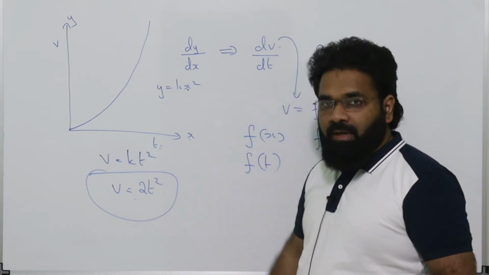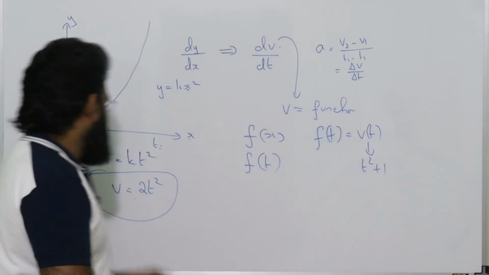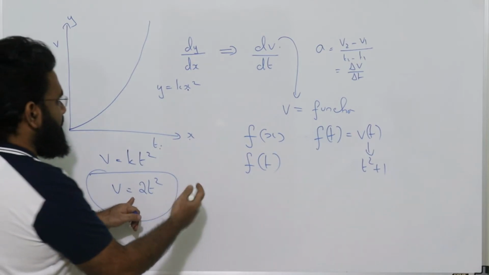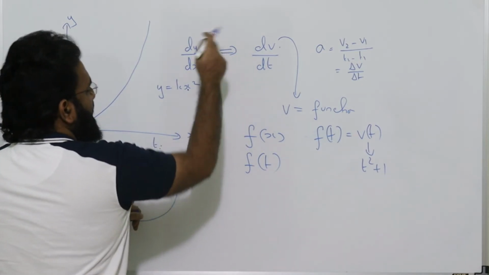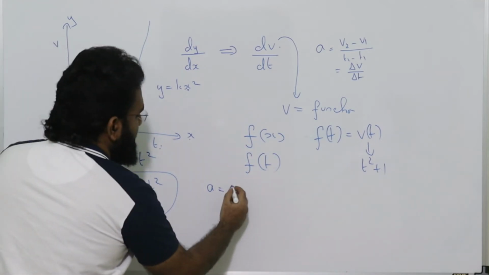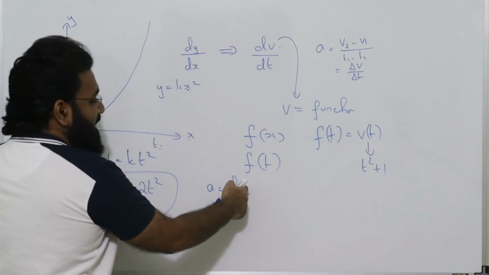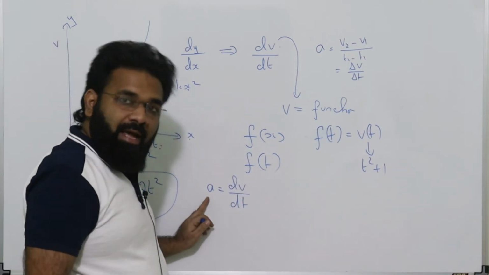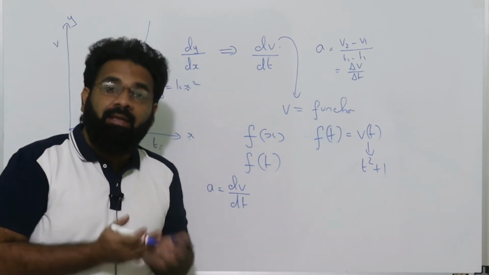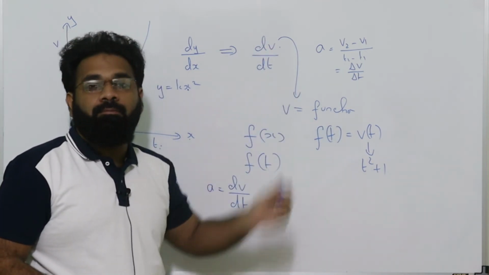In these kinds of cases, we will use differentiation formulas. If velocity is a function of time, to find acceleration we will be using dv by dt. Rate of change of velocity is acceleration. Rate of change of velocity is nothing but dv by dt when the slope is varying.